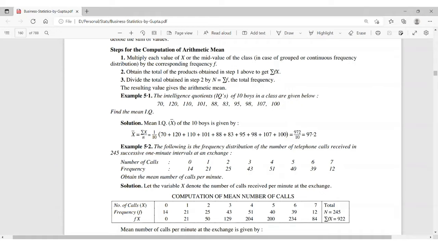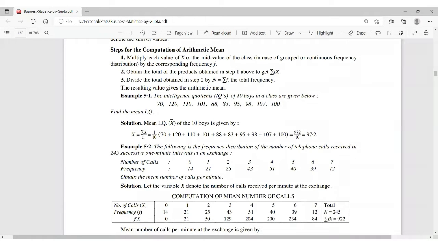Sir, this x bar is equal to summation of x, and 1 by 10. Where does this 1 come from? 1 by 10, the 1 you can leave, no issue, because if you multiply 1 by this number it should be the same.